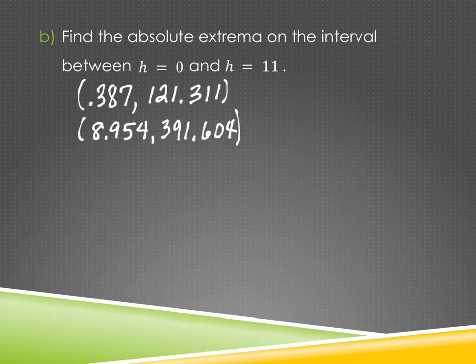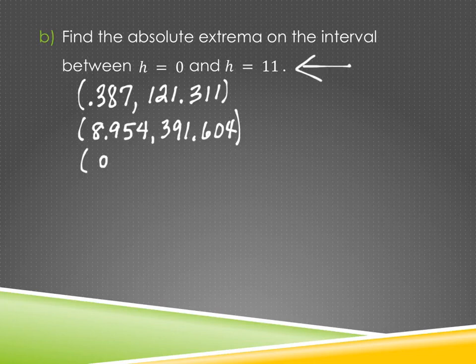What other points do I need to test, though? Endpoints. And the endpoints on this equation are what x values? 0 and 11. And you know that because that actually was given to you in the problem. On part B, it actually says h equals 0, h equals 11.